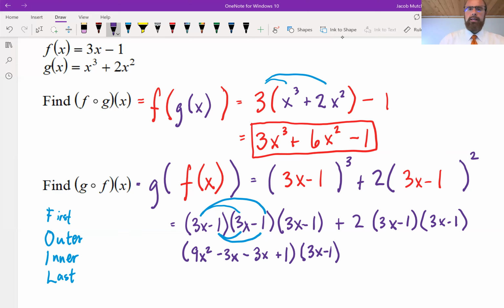I'm going to put that third 3x minus 1, and then I'm going to record this 3x minus 1 times 3x minus 1 in that second grouping, which is going to be the same because those are the same two multiplications. So I'm just going to record again 9x squared minus 3x plus 1.